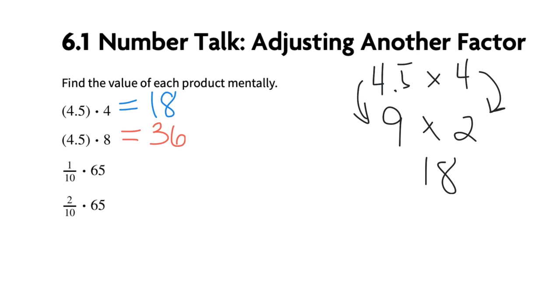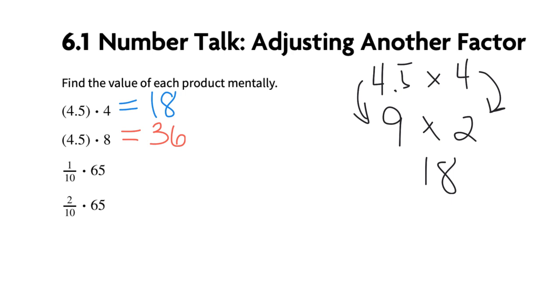And then in a similar fashion, we see that these next two go together: the 65 factor stays the same, but the 1/10 suddenly doubles and becomes 2/10. So what is 65 times 1/10?